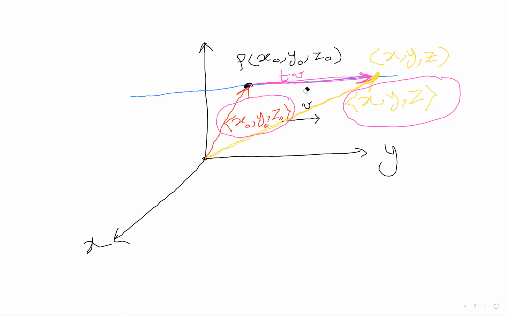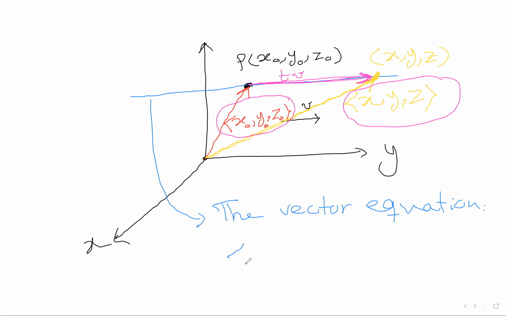In fact, this is the vector equation of the line. So based on this explanation, the vector equation of this line is going to be the given point that I look at as a vector, plus t times the direction vector v. t could be any real number. As t changes, I get different points on the line.